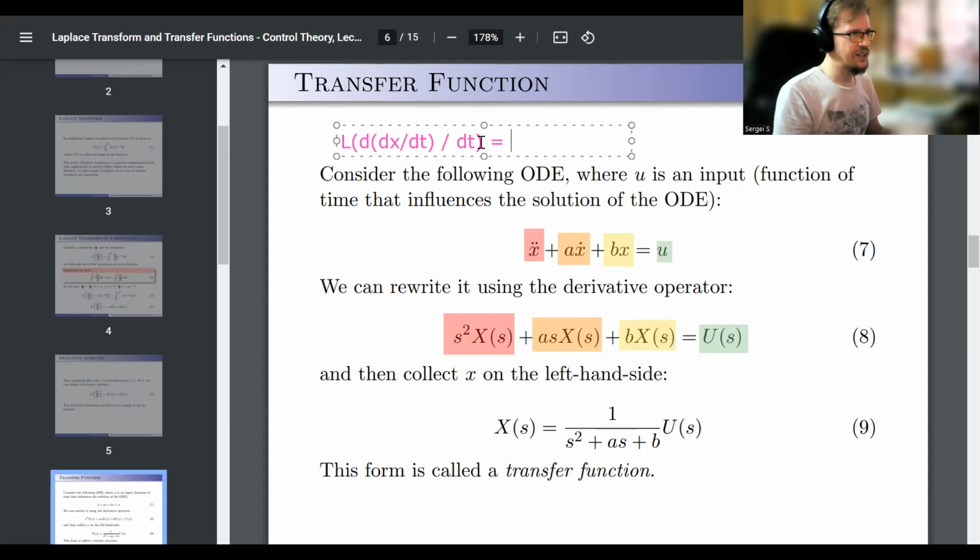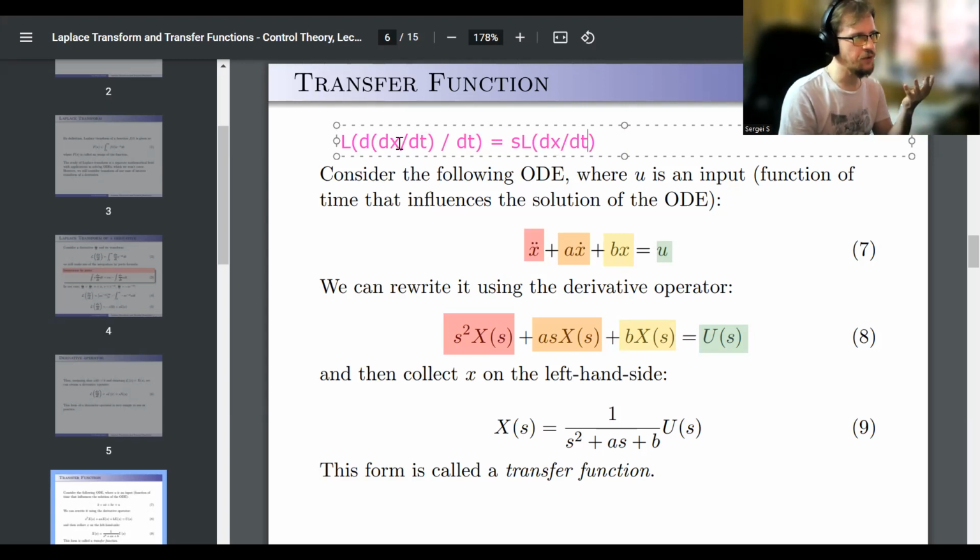Well, that is the same as s times the Laplace transform of dx dt, right? How do I know? Well, because we said that the Laplace transform of a derivative of a function is just s times the Laplace transform of the function, right?